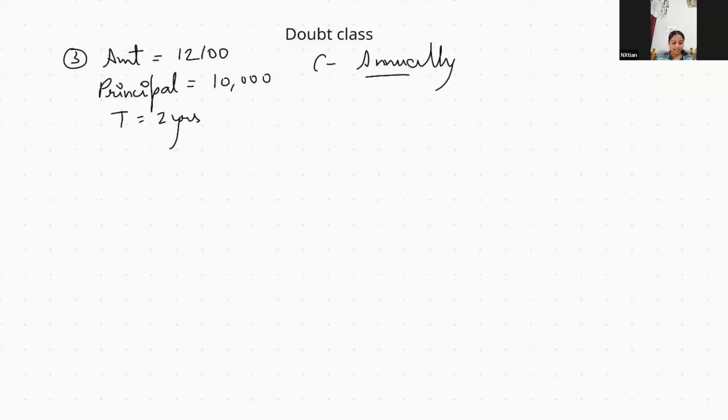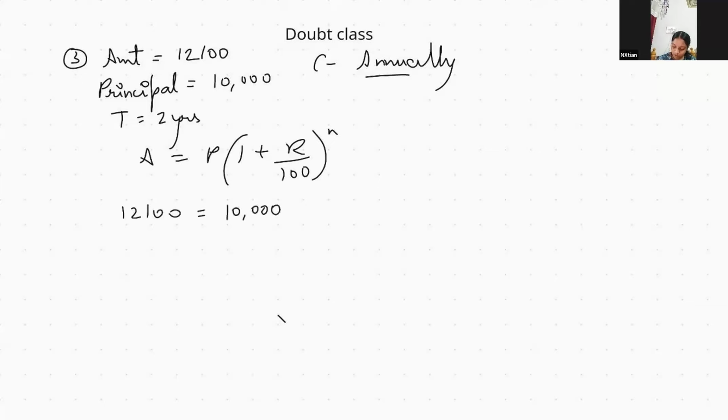Okay, yes. So Anaya, in this question also, the same thing we are going to follow. Put the amount formula: A equals P(1 plus R/100) raised to the power n. Amount is 12,100, principal 10,000, 1 plus R (we don't know the rate) by 100, to the power 2.